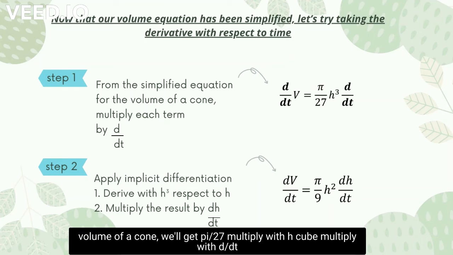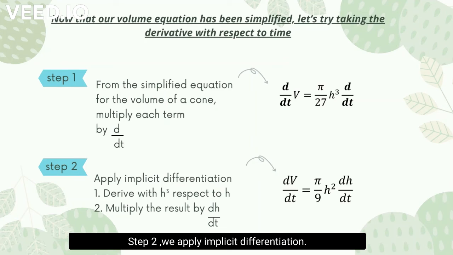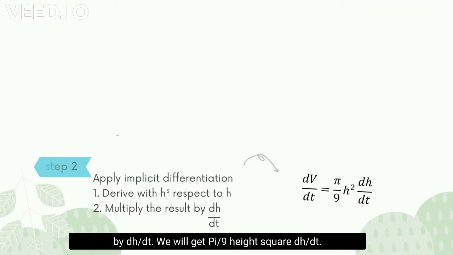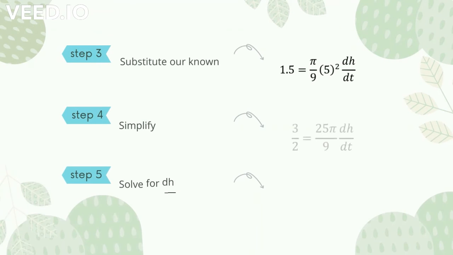We will get pi over 27 times h cubed times d over dt. Step 2, we apply implicit differentiation. We differentiate h cubed with respect to height and multiply the result by dh over dt. We will get pi over 9 height squared dh over dt.